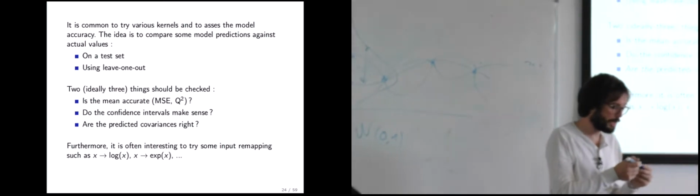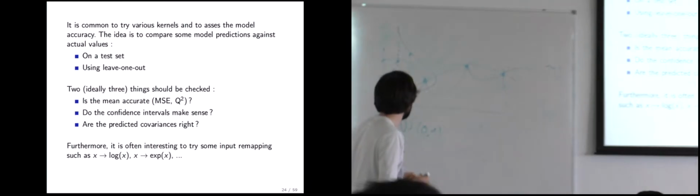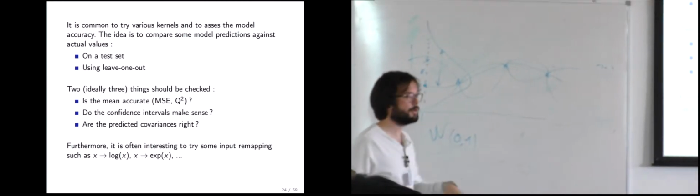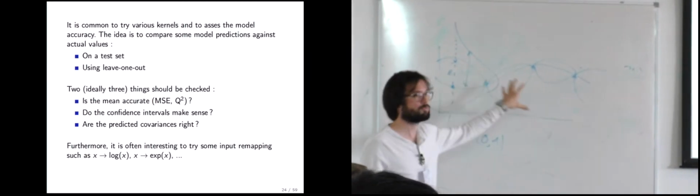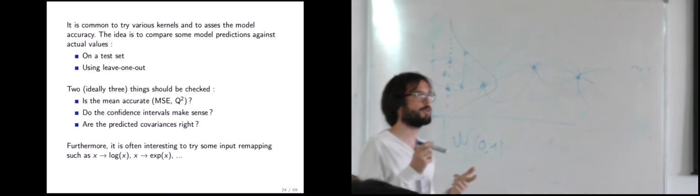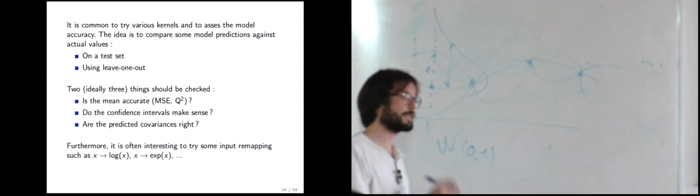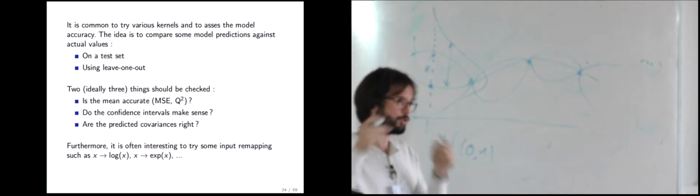Okay? And a good exercise, when you compare a histogram with a true density, especially when there are quite few points, is to also compare the true density with a histogram of a sample from this true density.